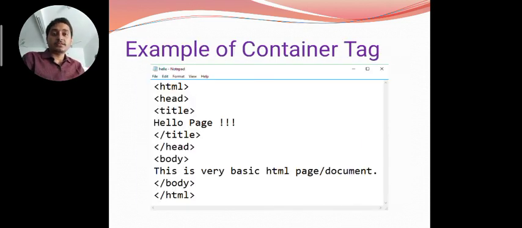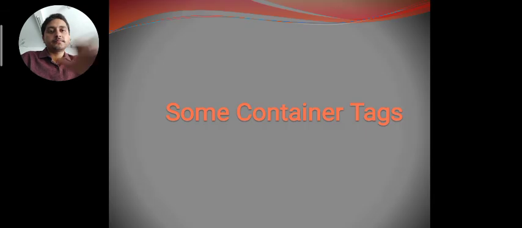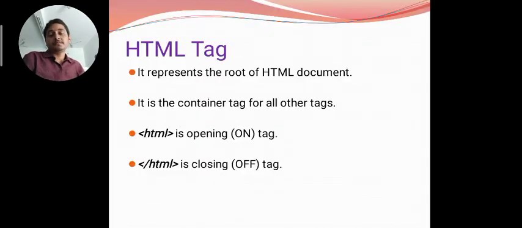In the very beginning we have written HTML, and after that all the tags are started, and the HTML tag is closed at last. So this is the root, the rootmost container for all the tags.